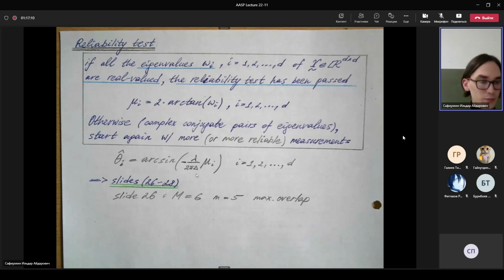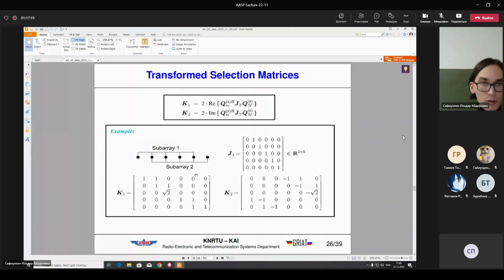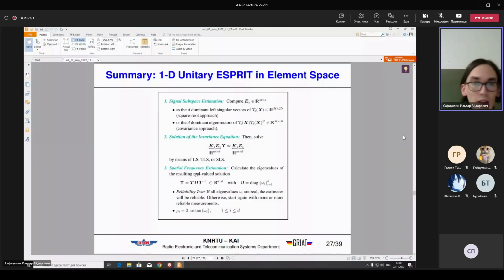Then let's go to the summary of the 1D unitary ESPRIT algorithm. We have the same steps here as for the standard ESPRIT algorithm. So first step, signal subspace estimation, but here you can see instead of U sub s, we have E sub s, and this matrix is real valued.